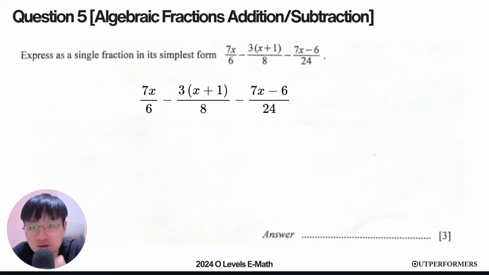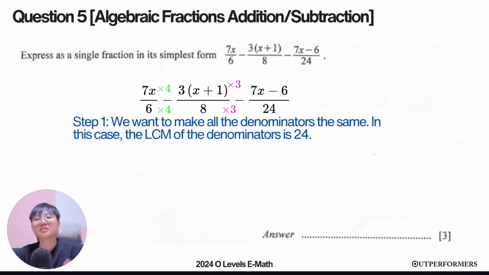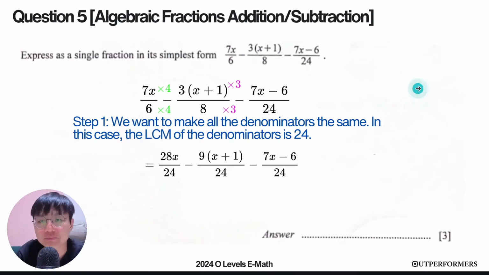Because the very first thing we want to do is to make them the same denominator. So for my first fraction, I multiply by 4 to get to a 24. It's the LCM. The second one, 8, I'm going to multiply by 3. So the very first step is making all the denominators the same, and then we can combine them after that.